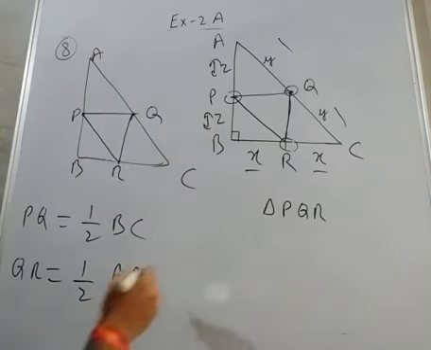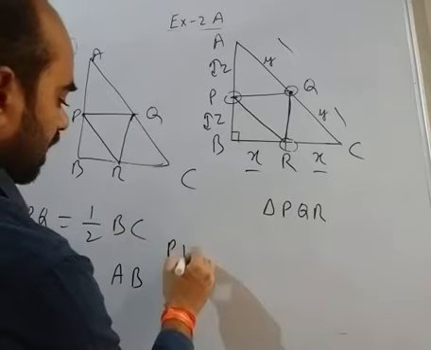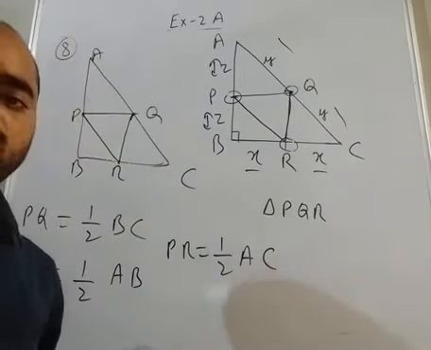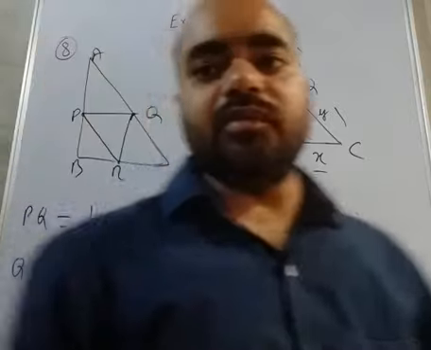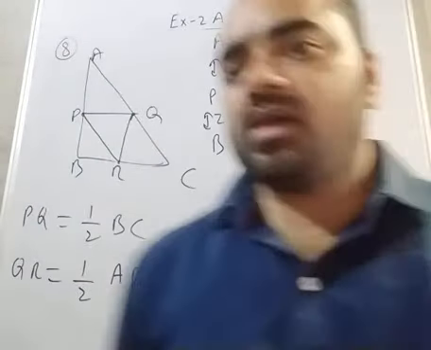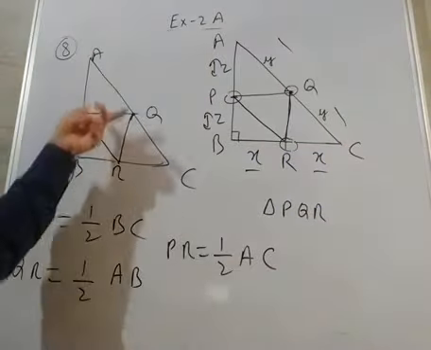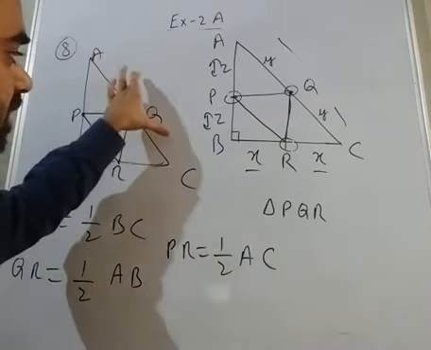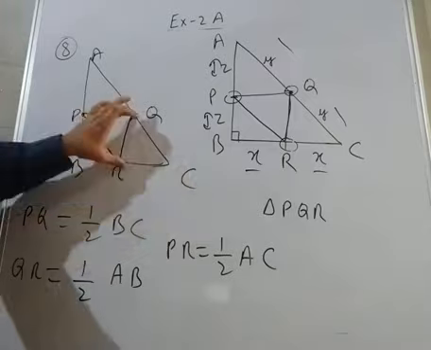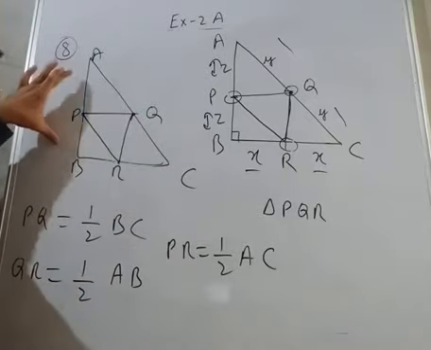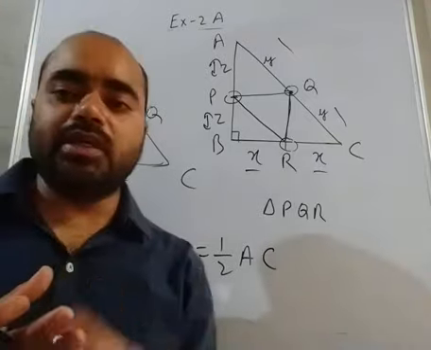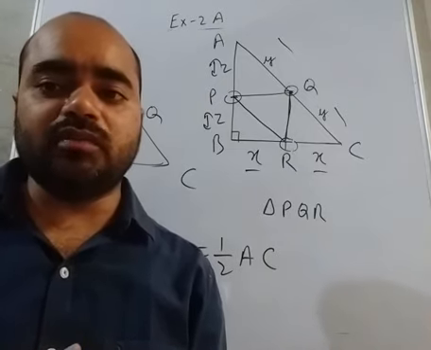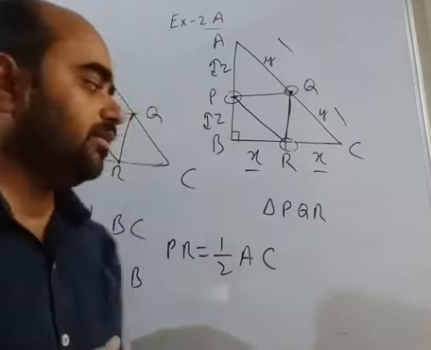It means PR is half of AC, using the midpoint theorem, as in the previous question also. So PQ is half BC, PR is half of opposite side AC, and QR is half of opposite side AB, where P, Q and R are the midpoints of the sides of triangle ABC.